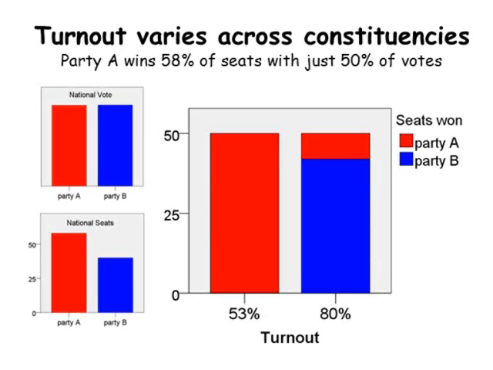So much so that the vote shares are equal in terms of the national picture, but the red party has won more seats for its votes than has the blue party. We can conclude from this that the system is biased in favour of the red party and against the blue party because of differences in turnout.